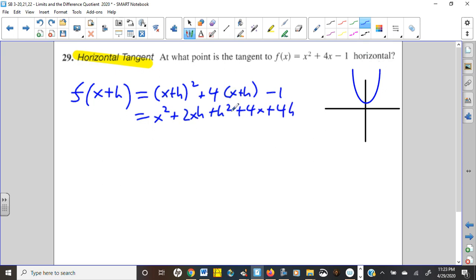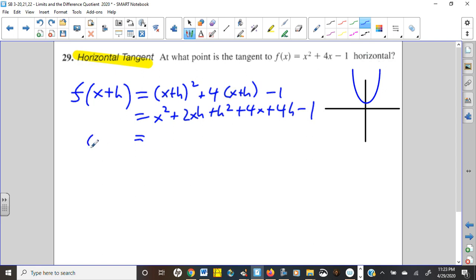By the way, one of the most common mistakes isn't the squaring. People get so relaxed after they get done with the squaring that they forget to plug the x plus h into the 4x, and they just get 4x instead of 4 times (x plus h). So be careful about that. And then, yeah, I think that's about it. I don't really see any common terms, so maybe we just leave it like that.